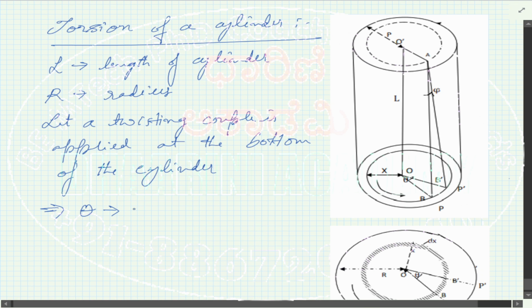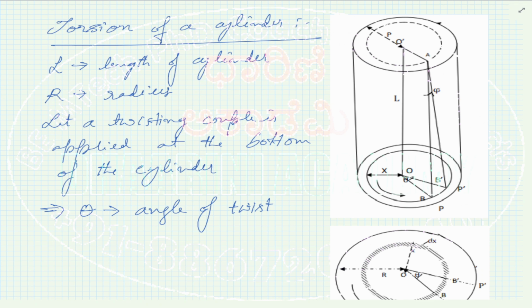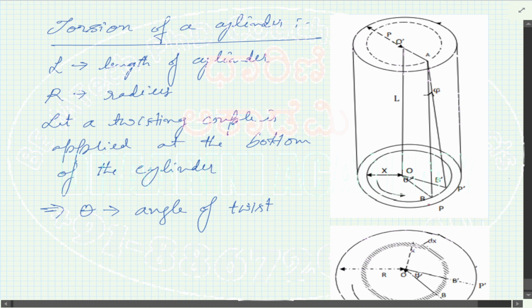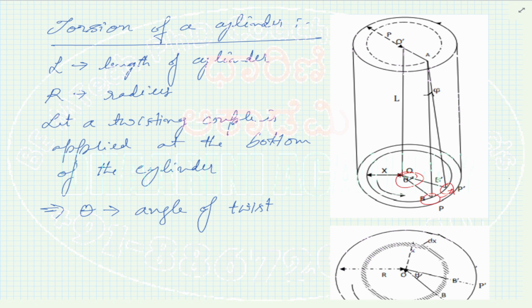So theta is the angle of the twist. You can see two things now. The original point B, which was here, is moved to this new location so that there is an angle at the center which is called theta.